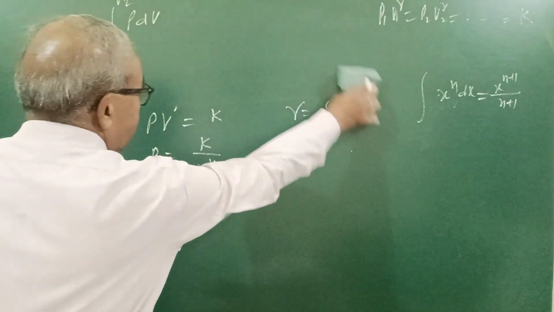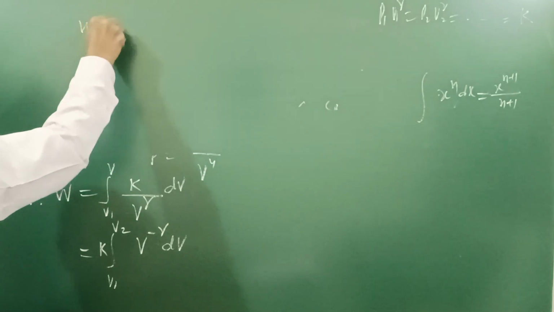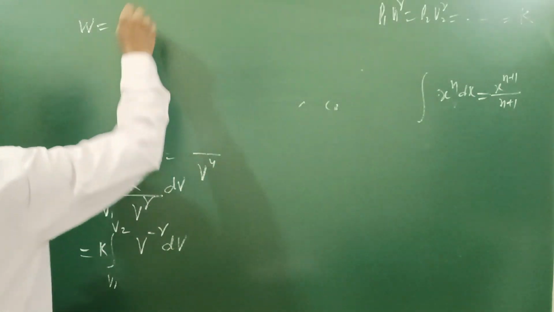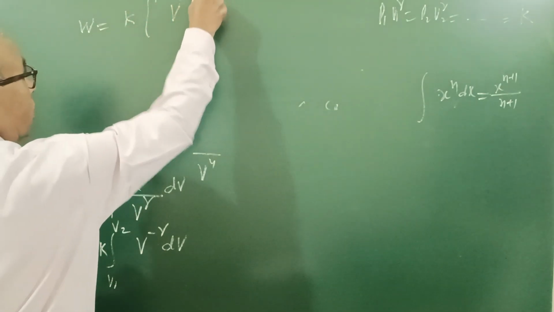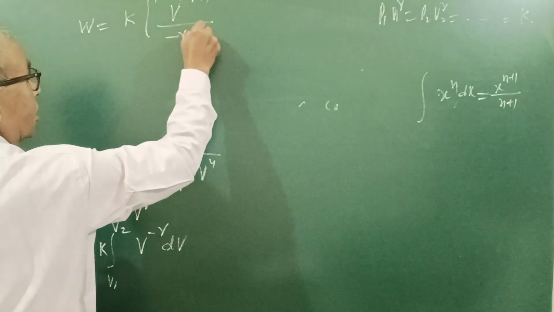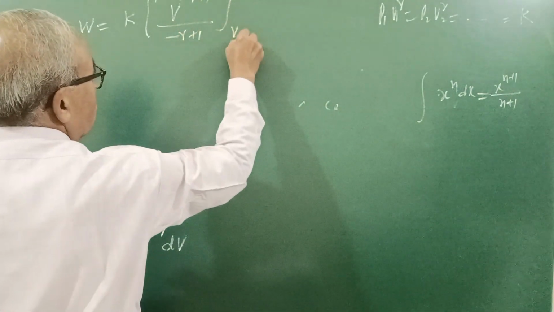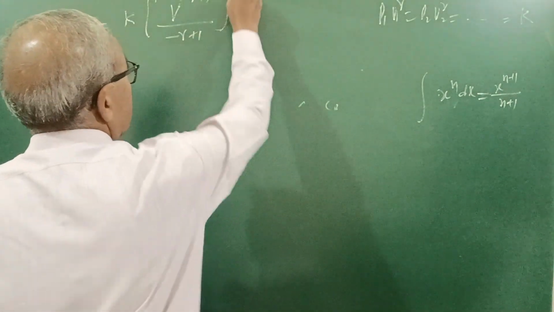Now how to integrate this? So this W will come out K, V to the power minus gamma plus 1 upon minus gamma plus 1, and limit V1 to V2. Sorry, V2 to V1.